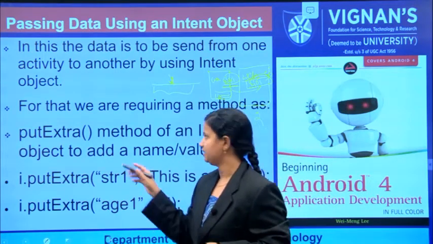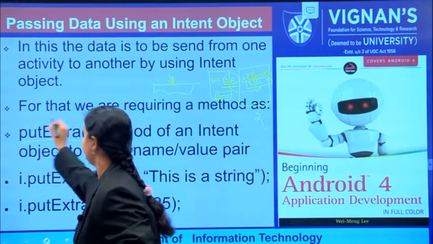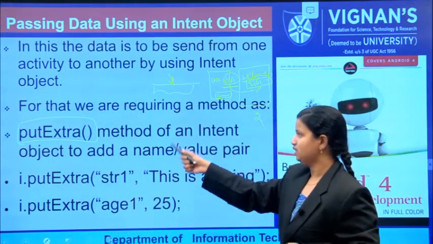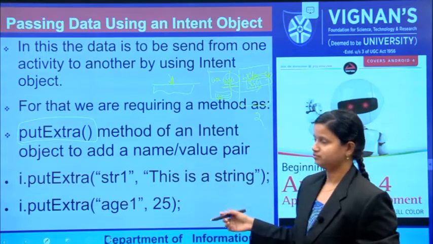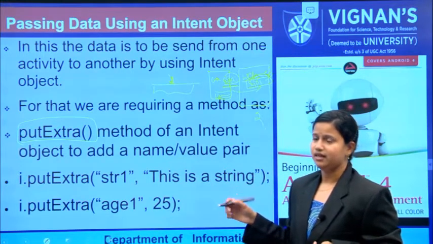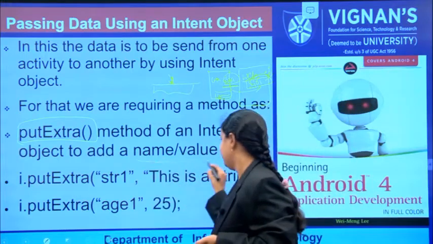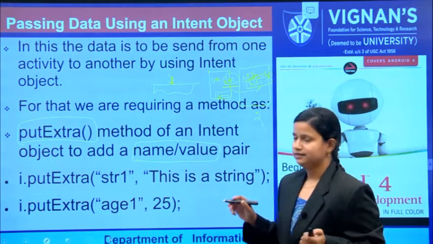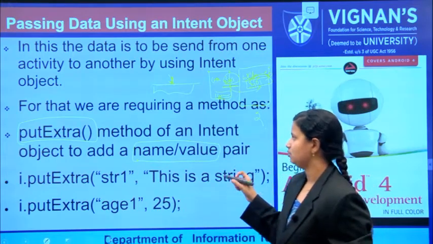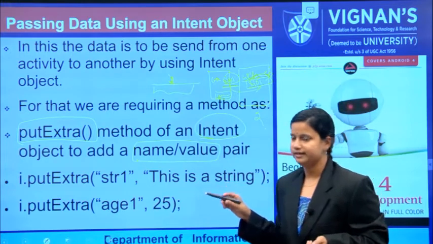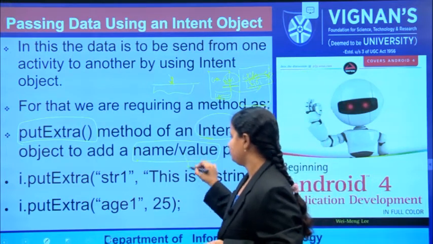From those, we select putExtra as one method. In the putExtra method we set the information as name value pairs, using the intent object with a name value pair.